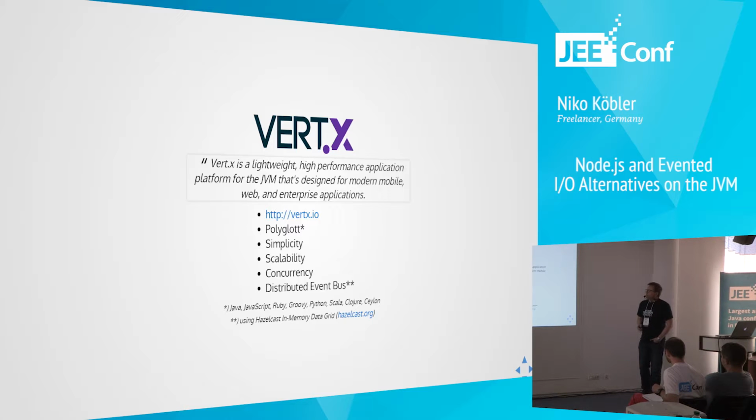In addition, Vert.x uses a distributed event bus, with which it's possible to distribute many Vert.x instances in your network and communicate through this event bus with your verticles. A running Vert.x program is called a verticle. And with the use of Vert.x, it becomes possible to run Node.js applications distributed in your environment.